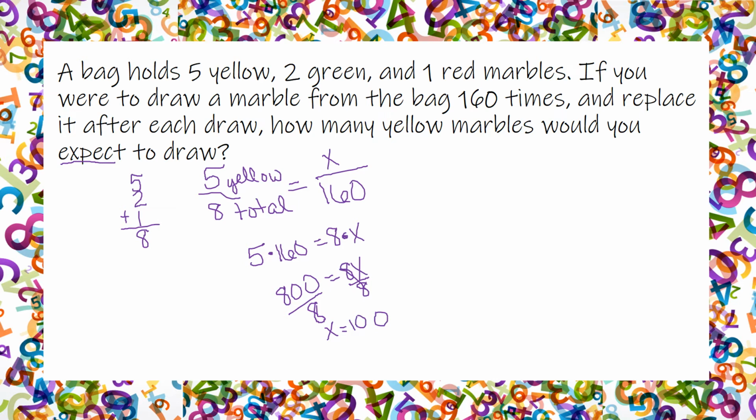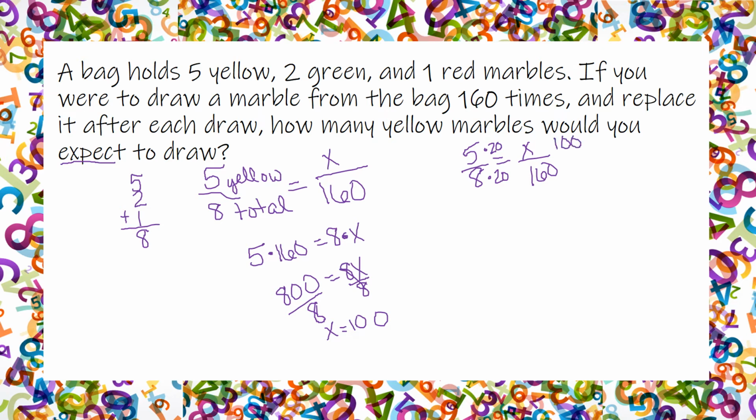Or you could say, what times 8 equals 160? And I know that 20 times 8 equals 160, so I multiply the top as well, and that would also give me 100.